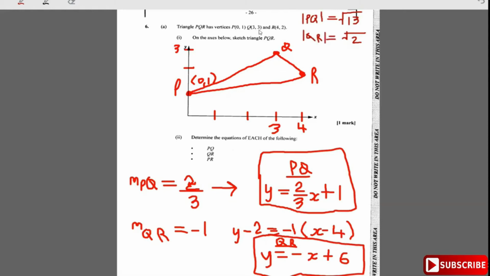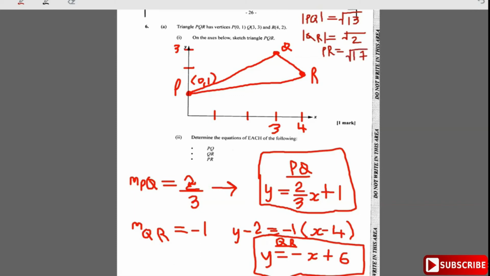Now what would be the length of PR? PR would be the square root of 4 squared plus 1 squared, that is 16 plus 1, that's 17. So PR is the square root of 17.